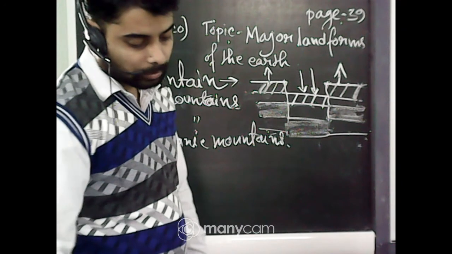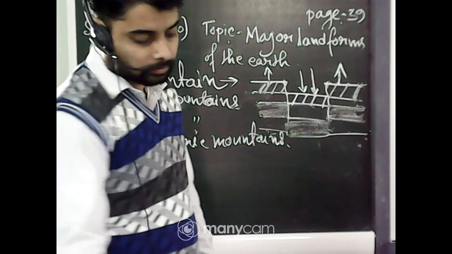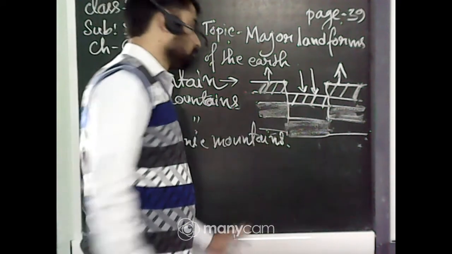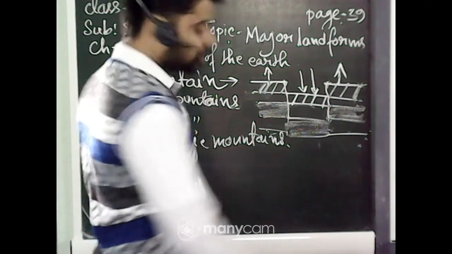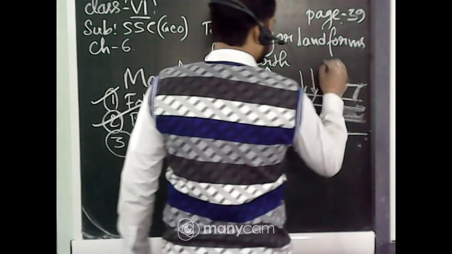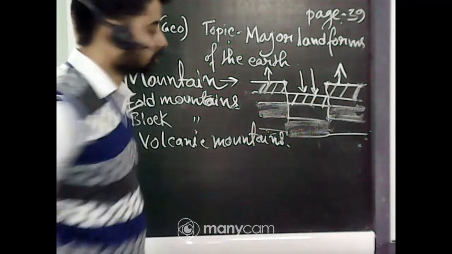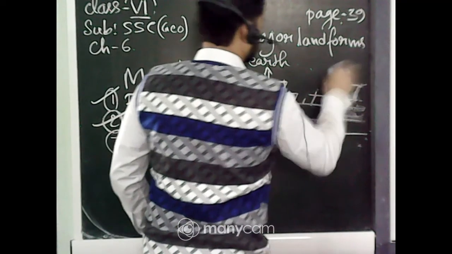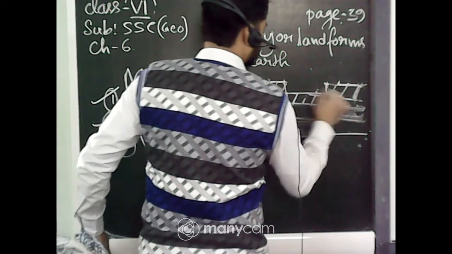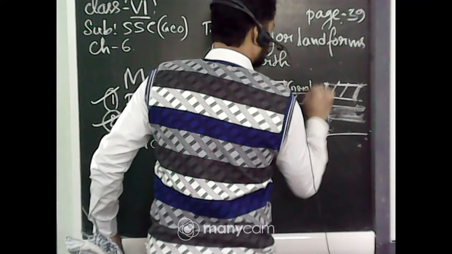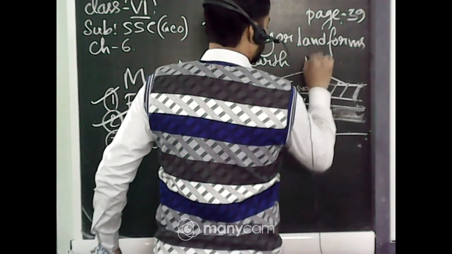The lower part is called a rift valley or graben. Okay, so this part is graben, and these are horst.